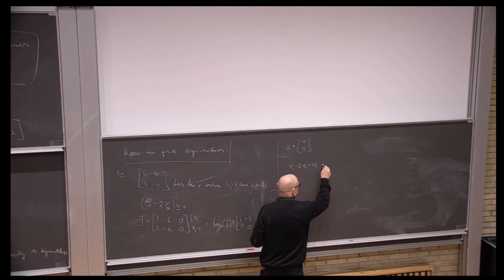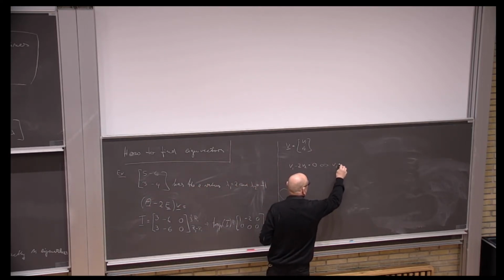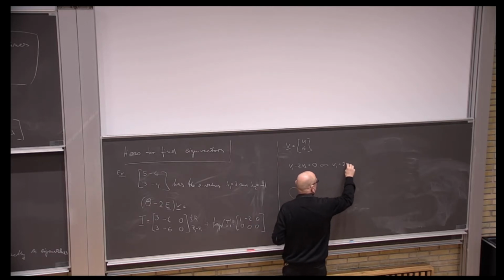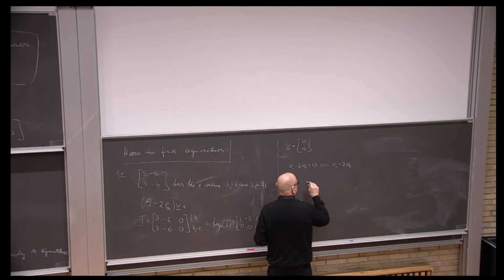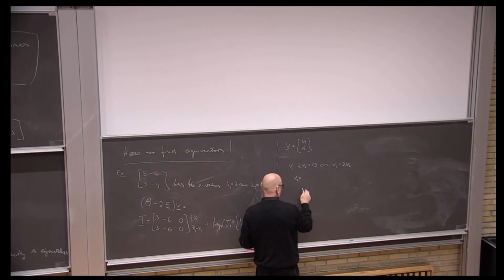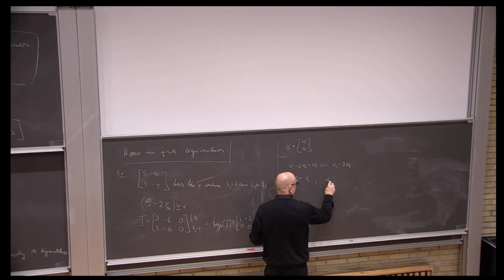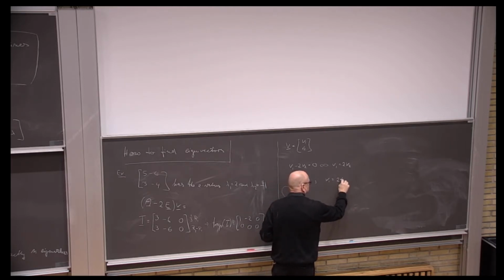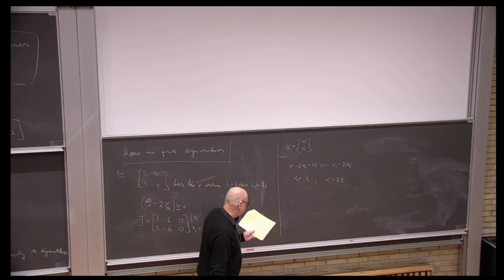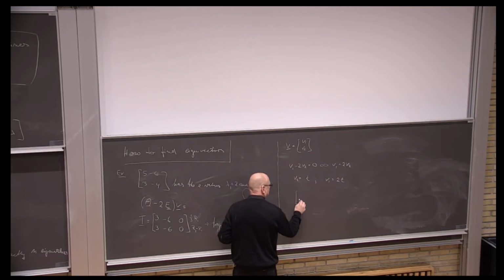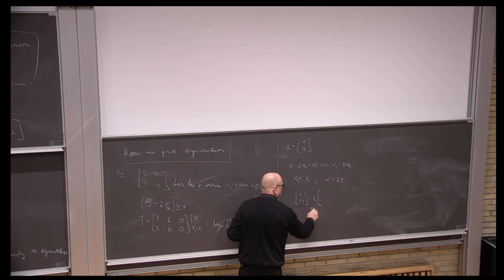So I can solve this: if I put v2 equal to a parameter t, then v1 is 2 times t, and I can write down the solution as t times, v2 is t, so I have a 1 here and I have 2 here.